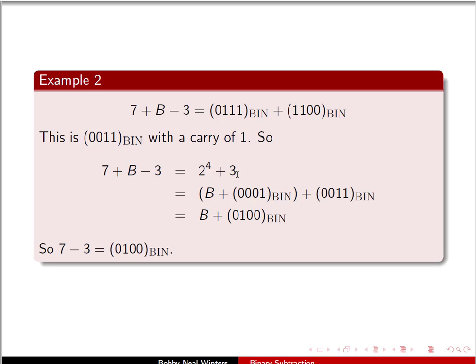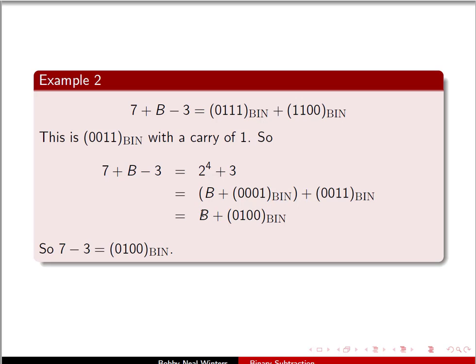So the 2 to the 4th is b, my all ones, plus 0, 0, 0, 1 in binary, then plus the 3 out at the end. Now I can combine my 0, 0, 0, 1 with my 0, 0, 1, 1, and that'll give me 0, 1, 0, 0.